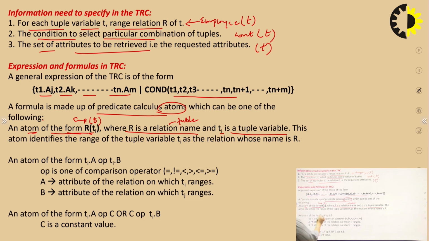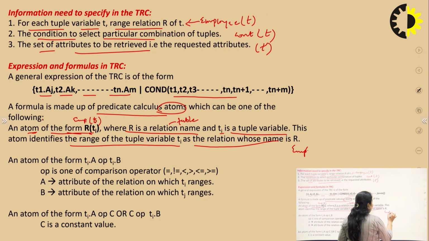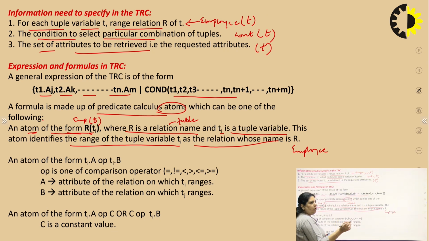This atom identifies the range of tuple variable Ti as a relation whose name is R. That means if you have an employee table here, it will fetch all the tuples having salary greater than 10,000 from the relation employee. So for making an atom, we have to write the condition also. So for that condition we use the operators.